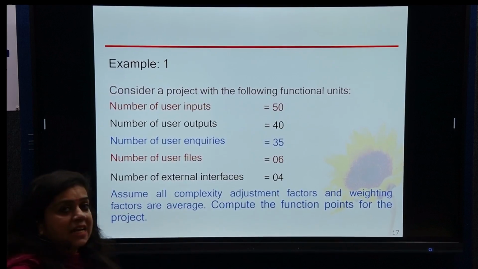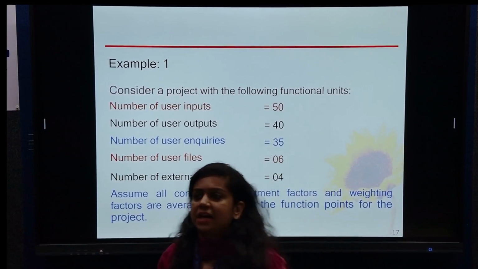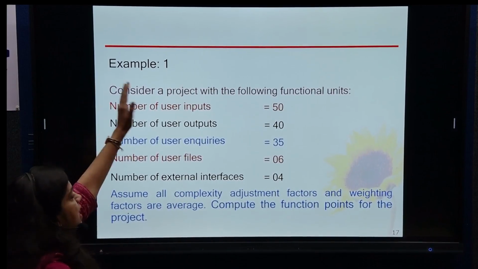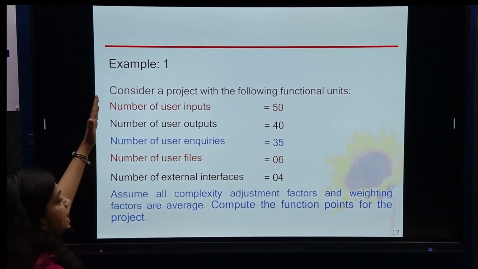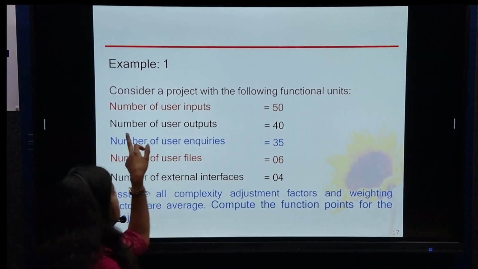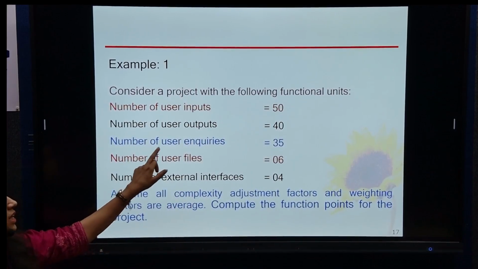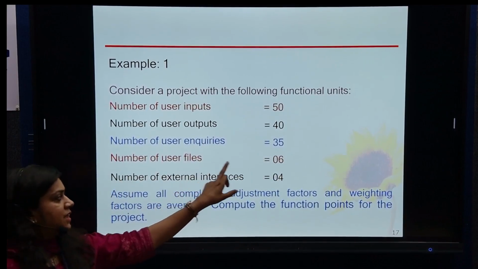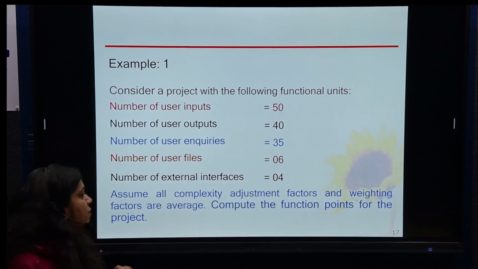Now, let us consider an example and solve the question to determine how the function point is computed. Consider a project with the following functional units. It's given that the number of user inputs is 50, number of user outputs is 40, number of user inquiries is 35, number of user files is 6, number of external interfaces is 4.